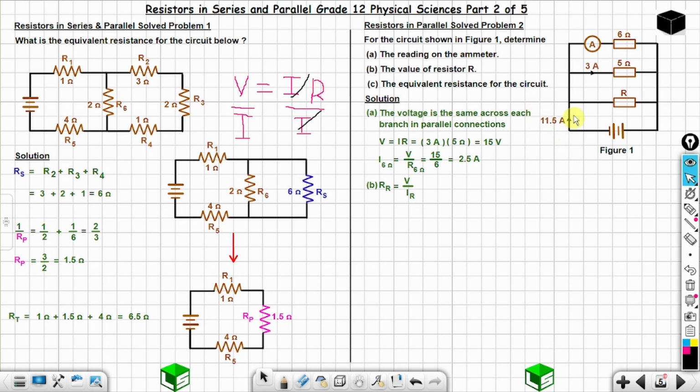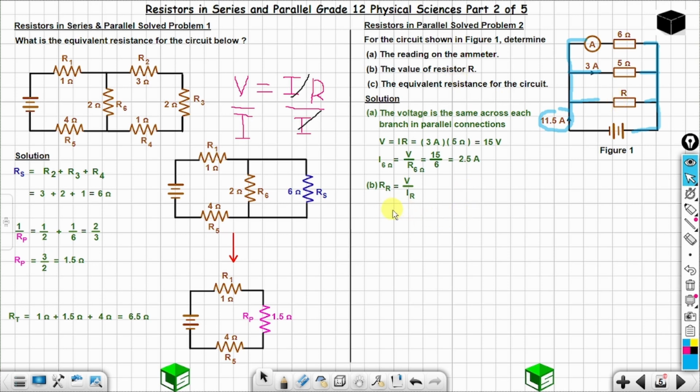This is the total current which is going to split, and then join back to the battery. So we need to find the current through the resistor R.